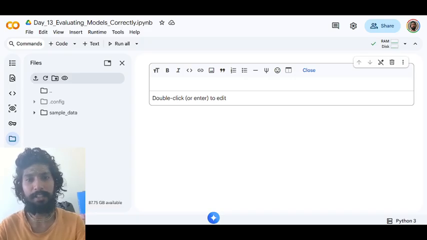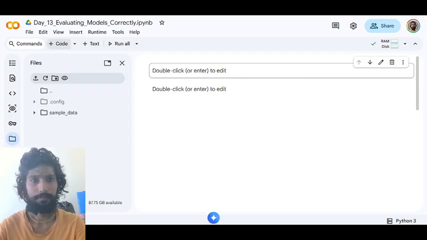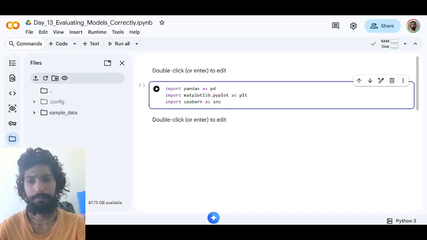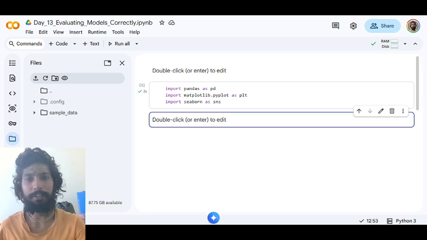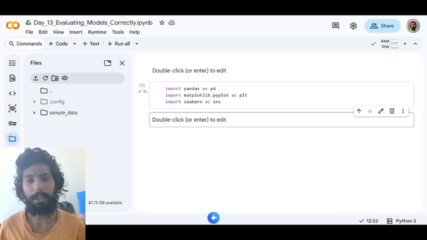In the first code cell, import the required libraries. Pandas will help us work with the dataset. Matplotlib and Seaborn will help us visualize the confusion matrix.